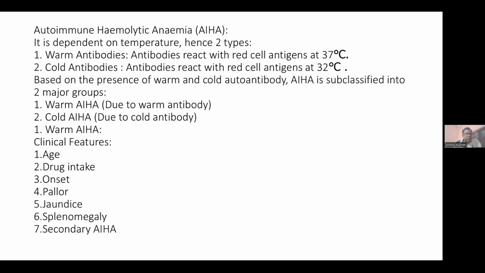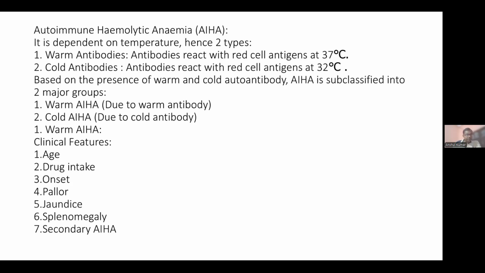When the red cells with attached antibodies reach warmer parts of the body, the bound antibodies get detached. Usually we see in cold AIHA that when the cells go to the higher temperature body parts, these antibodies and the complement attached to the RBCs get detached by themselves.